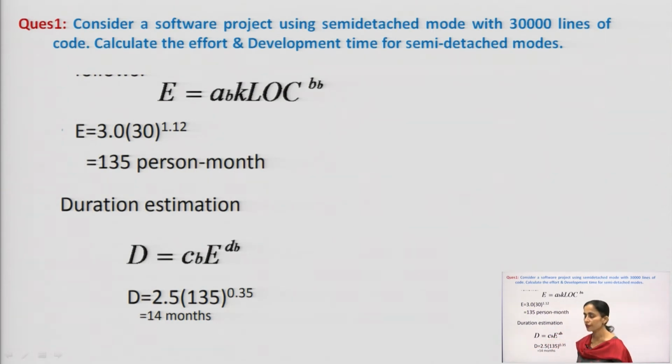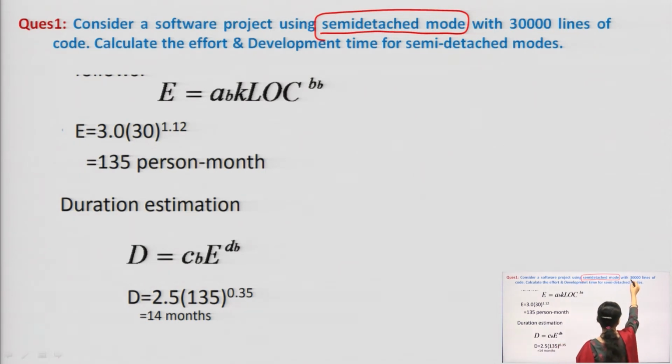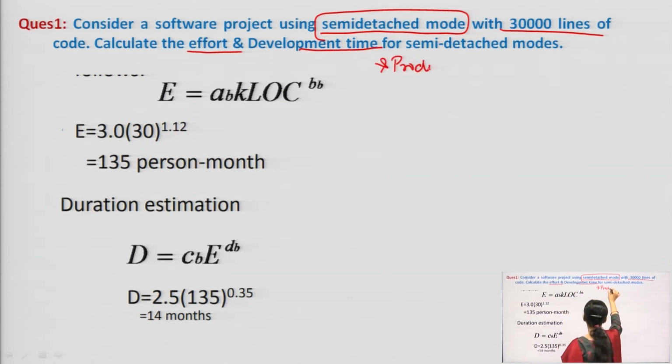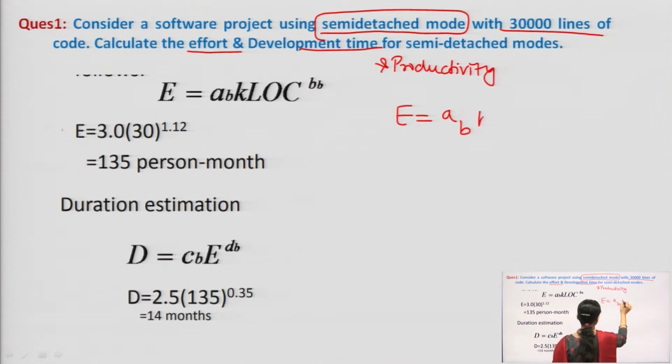Then let us do one numerical based on this basic model. Consider a software project using semi-detached mode, with 30,000 lines of code, meaning 30 KLOC. I have to calculate the effort, development time, and also productivity as the third parameter. I know the formula for calculating the effort: AB into KLOC power BB.